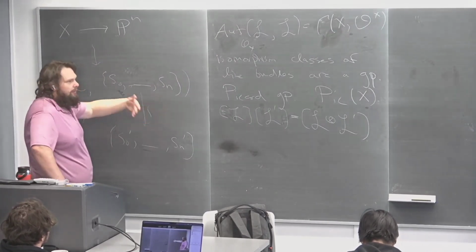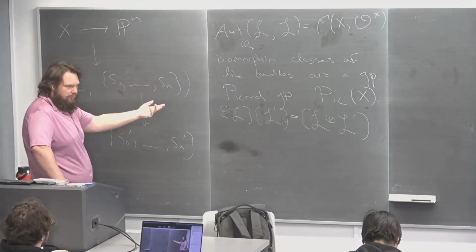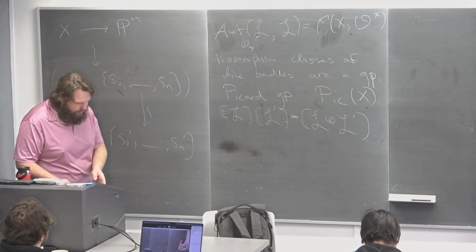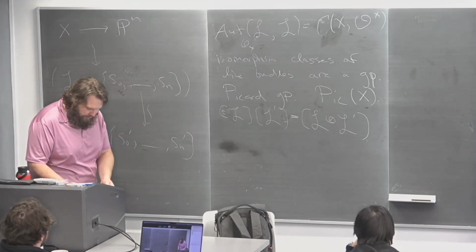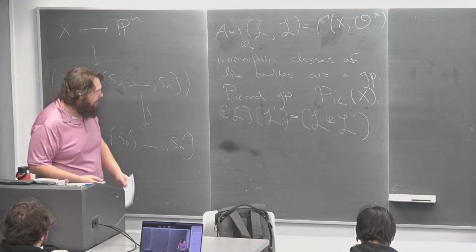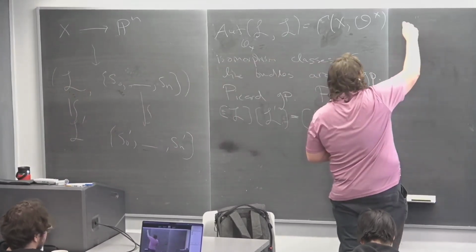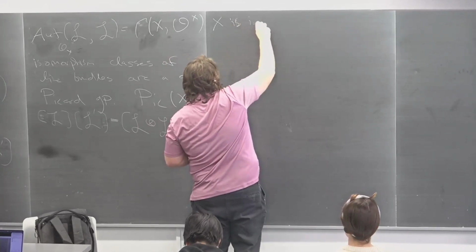So a natural question is, given a scheme, how do I calculate what this Picard group is? And it turns out there is a really useful way to do this. I mean, obviously it's still challenging, but there's a sort of concrete way to think about it. Just to make my life easier, throughout, I'm going to be assuming that X is integral and normal.